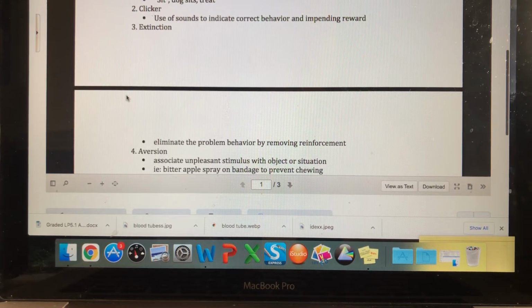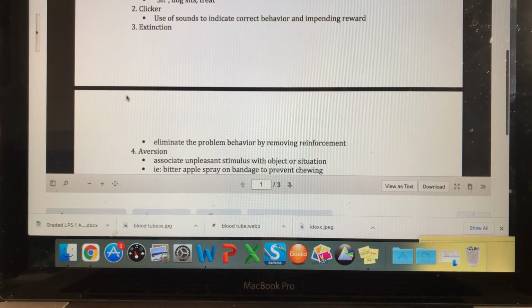Some people get really confused with this because they think... my mom is one I think that does this a lot. She has a little chihuahua and it's snarly and bitey with everyone except for her. So if I walk into a room and the dog starts barking at me, she right away picks the dog up and is telling it, no, don't be barking. But what she's actually doing is rewarding the behavior, right?